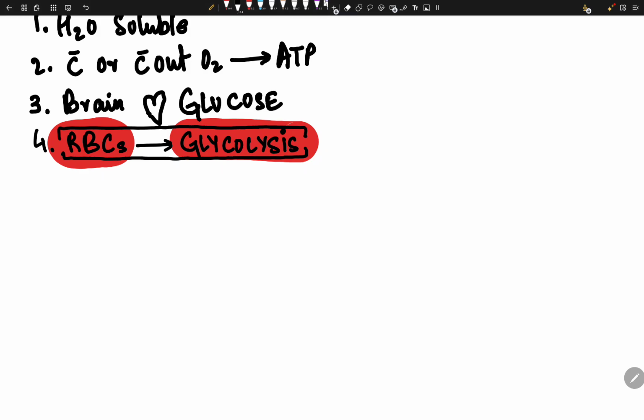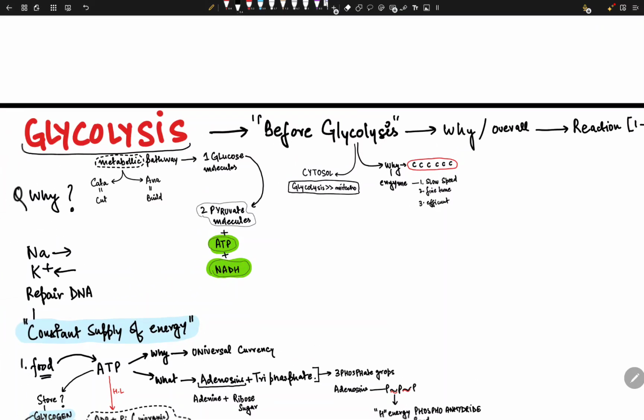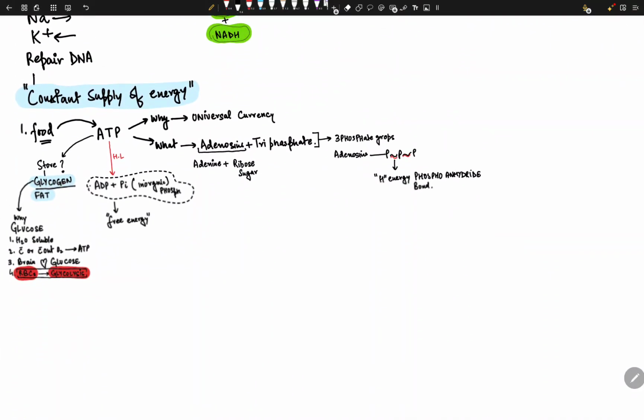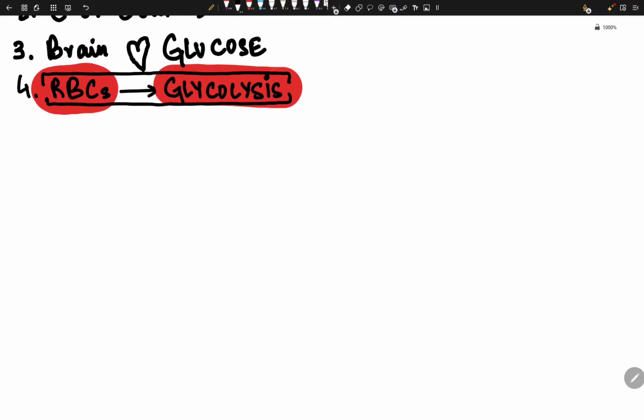What about other cells that love glycolysis? Then we have skeletal tissues, or skeletal muscles, right? Oxygen delivery can become temporarily inefficient when you're working out.